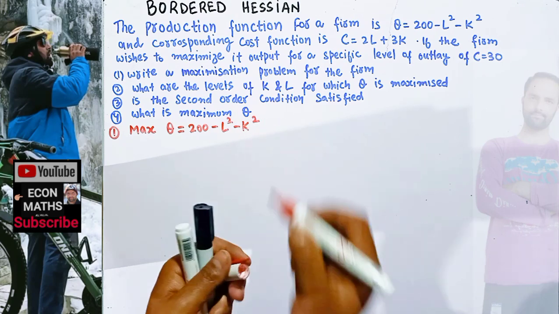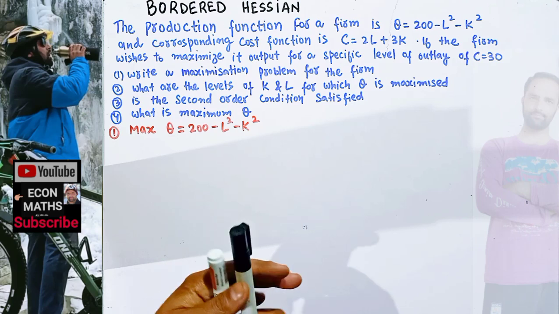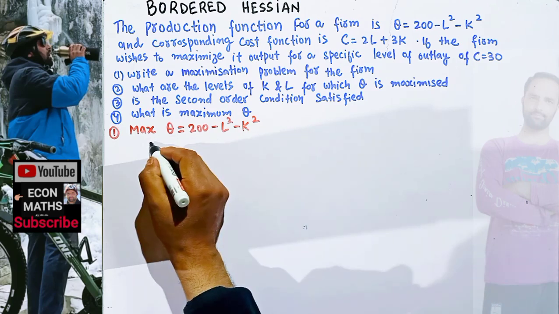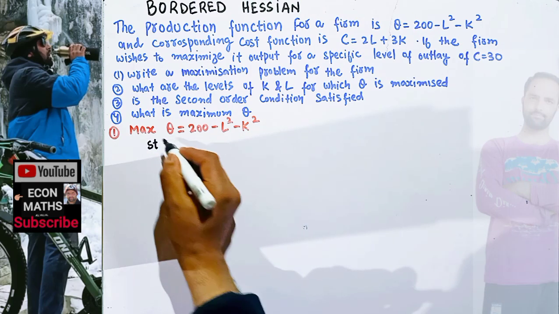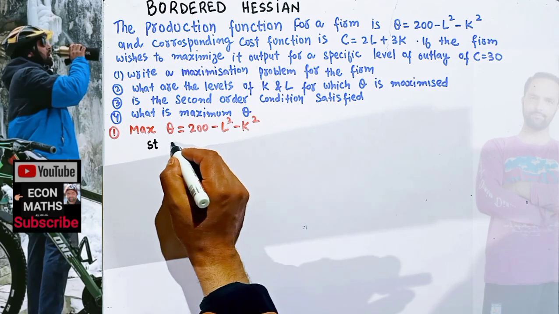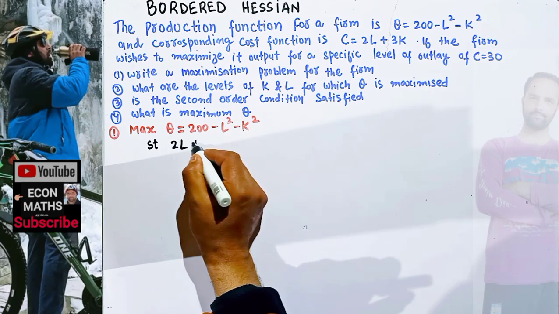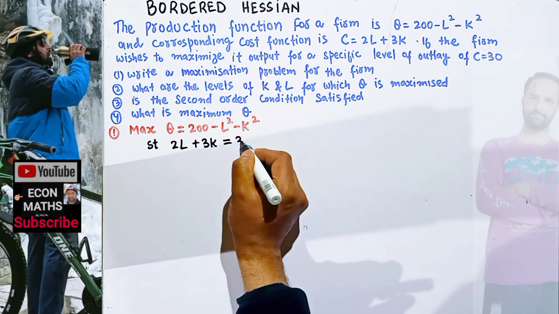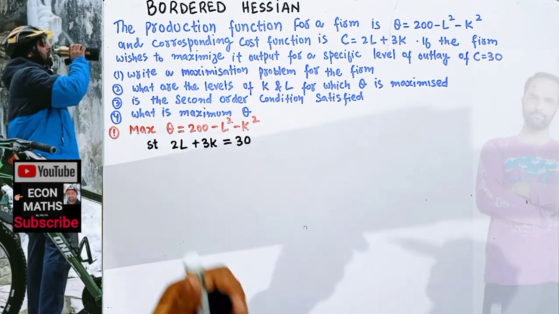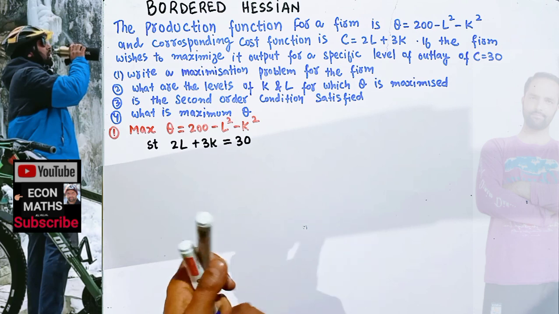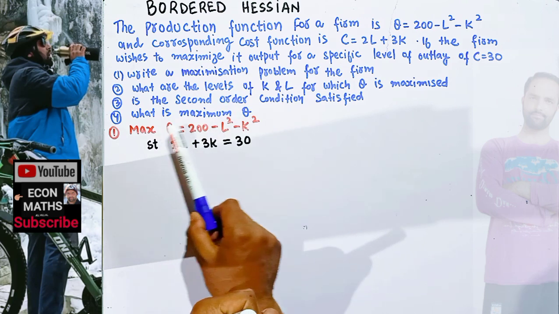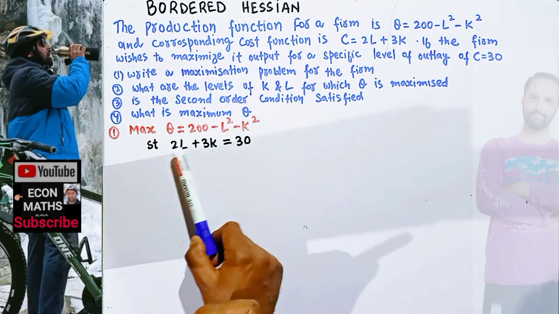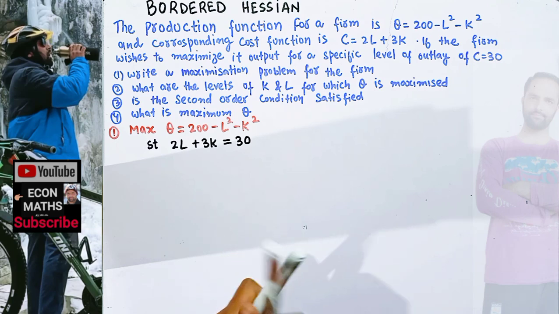This is our production function. So we have a maximization problem subject to the cost constraint, that is 2L plus 3K is equal to 30. That means we want to maximize the production function subject to this cost constraint.